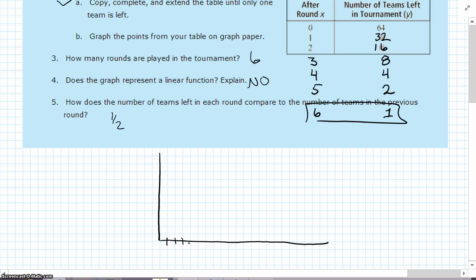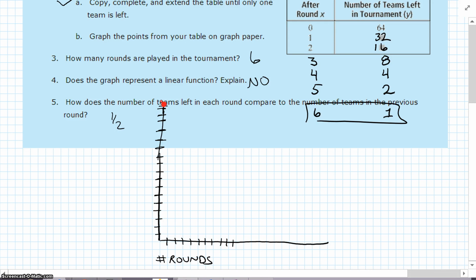We'll make the bottom be the number of rounds, in units of 1, and we'll let the top be number of teams left, and we'll make each one of these 4. 4, 8, 12, 16, 20, 24, 28, 32, 36, 40, 44, 48, 52, 56, 60, 64. So when we start, we have 64.